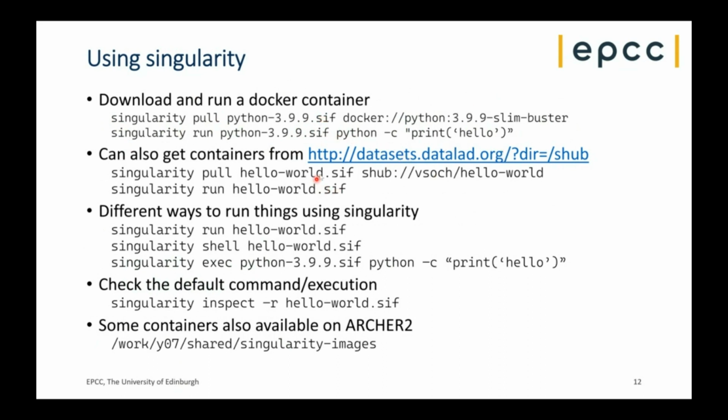There are also data science containers out there in other places which you can use. An easy way to play around with it would be to do singularity pull hello world from this container site and then run that on ARCHER2.